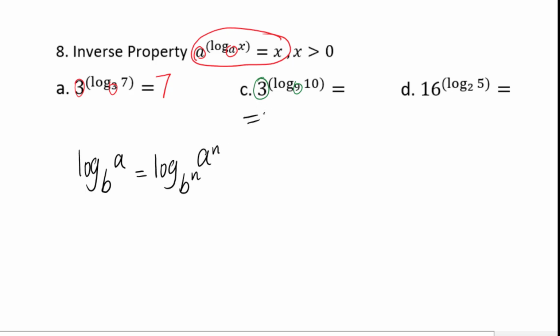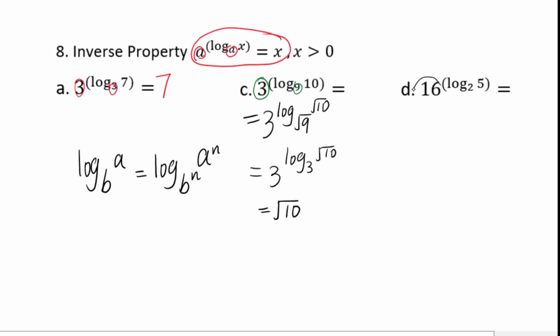The 9, I will change into 3 by doing the square root. So square root of 9, then square root of 10. Square root means we will do the 1/2 power. So we get 3 to the log base 3 of square root of 10. The answer will be square root of 10.